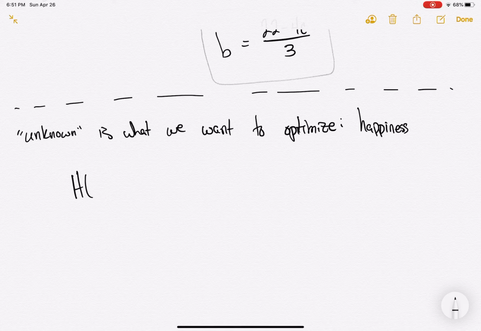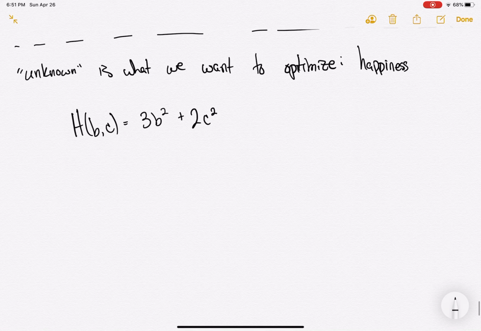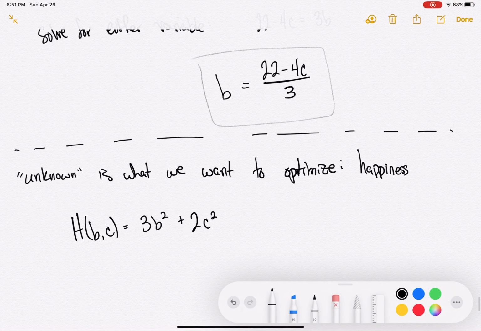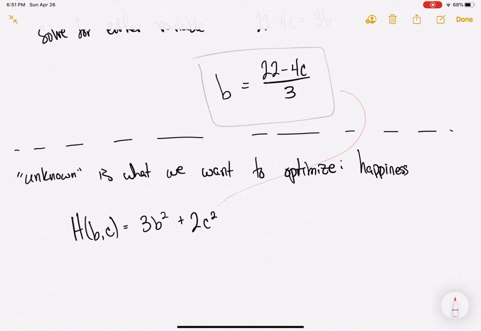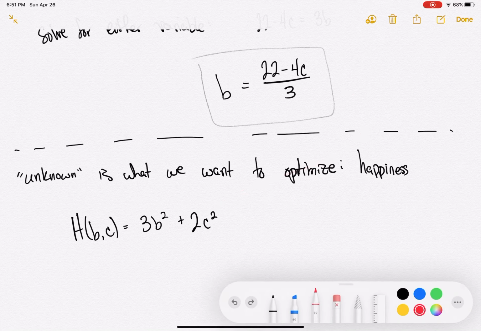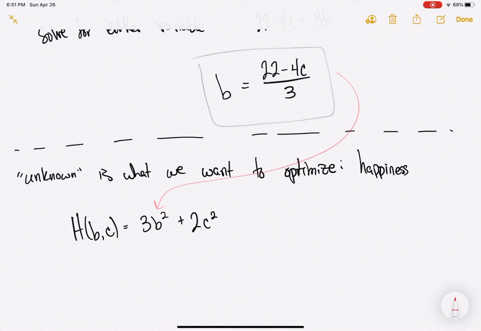And we just saw by reading, it says each ball increases their happy units by 3b squared. And each cube increases their happy units by 2c squared. So then we can use the above. I guess it goes in for b. Plug in.